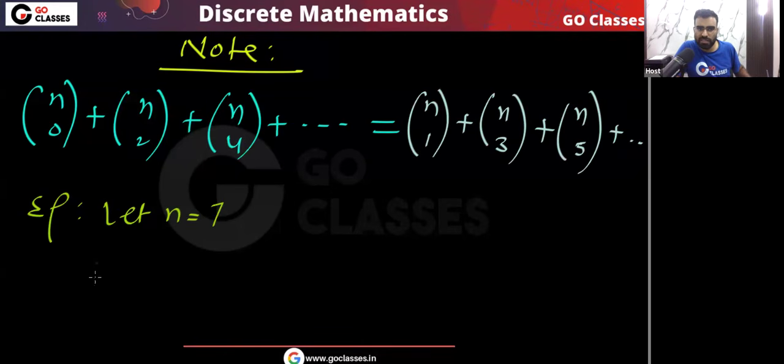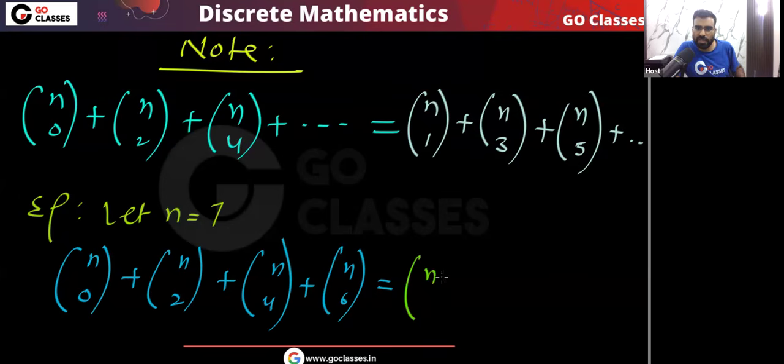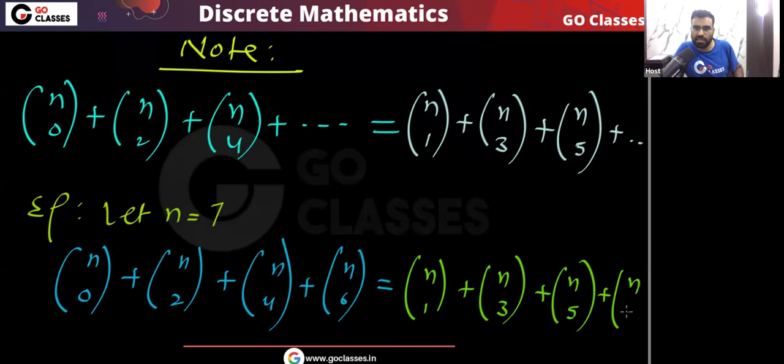In this situation, NC0 plus NC2 plus NC4 plus NC6 will be equal to NC1 plus NC3 plus NC5 plus NC7. Is this point clear?